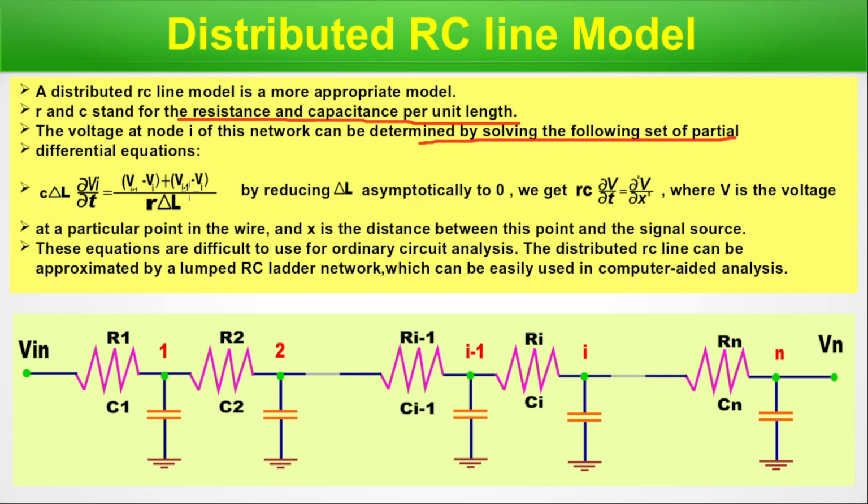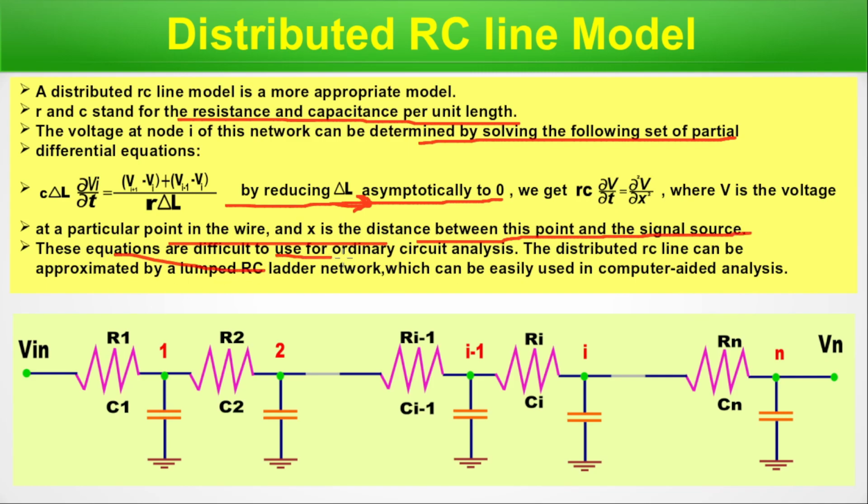by R delta L. By reducing delta L asymptotically to 0, we will assume that delta L tends to 0, and then we will get that RC del V del T is equal to del square V del X square, where V is the voltage at a particular point in the wire and X is the distance between this point and the signal source. These equations are difficult to use for ordinary circuit analysis.